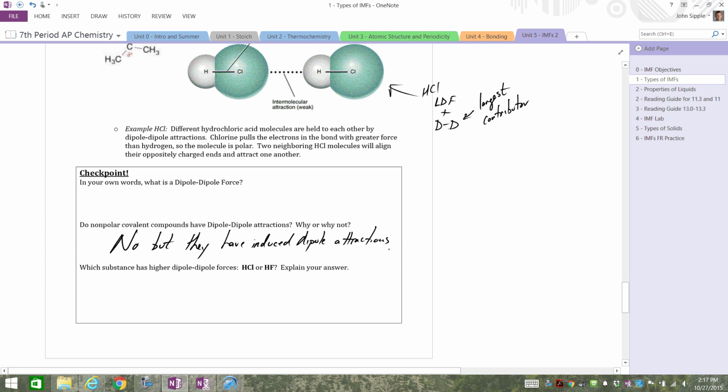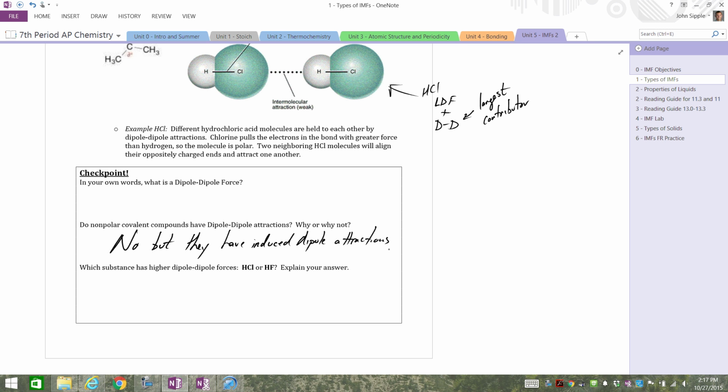Dipole is for polar molecules. An induced dipole is something nonpolar that you can induce a dipole moment in for just a split second. That's the difference between London dispersion and dipole.